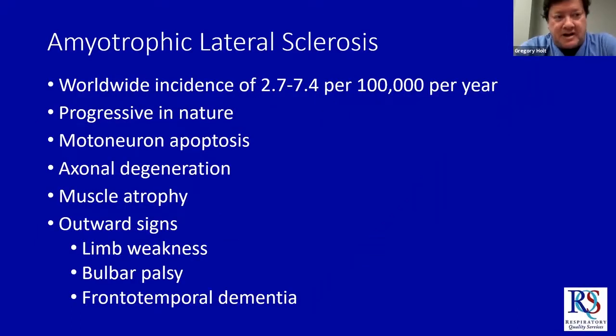So when we talk about ALS, amyotrophic lateral sclerosis, the idea is to find out exactly what's happening when you look at it, and we talk about the nerve cells in the brain to start with. And the idea behind this is that when these cells die, it's called apoptosis. And those are the motor neurons.